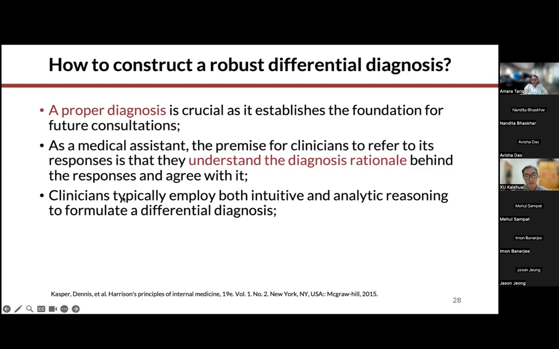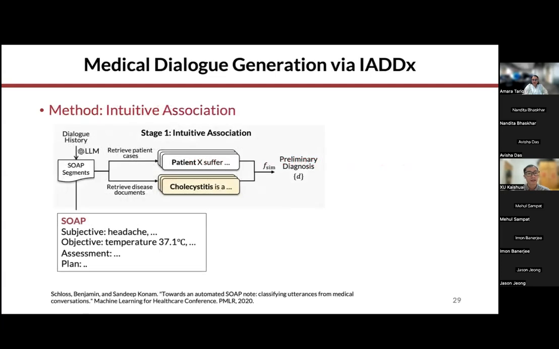So here we aim to construct a robust differential diagnosis that can support our response generation. The method we use is a series from the Mason's area. The clinicians typically employ both intuitive and analytic reasoning to formulate a differential diagnosis.